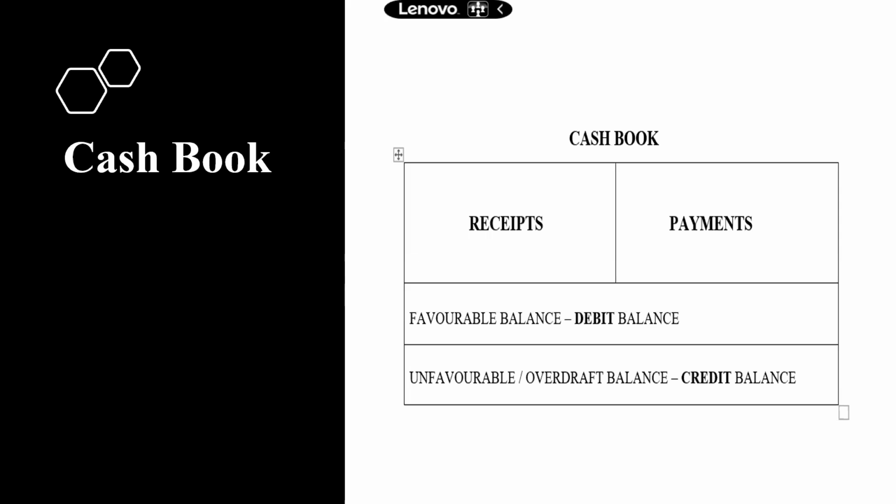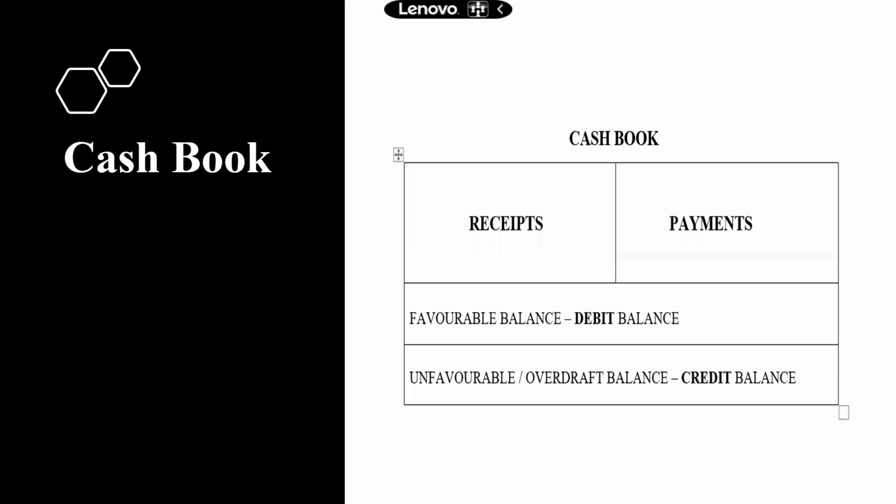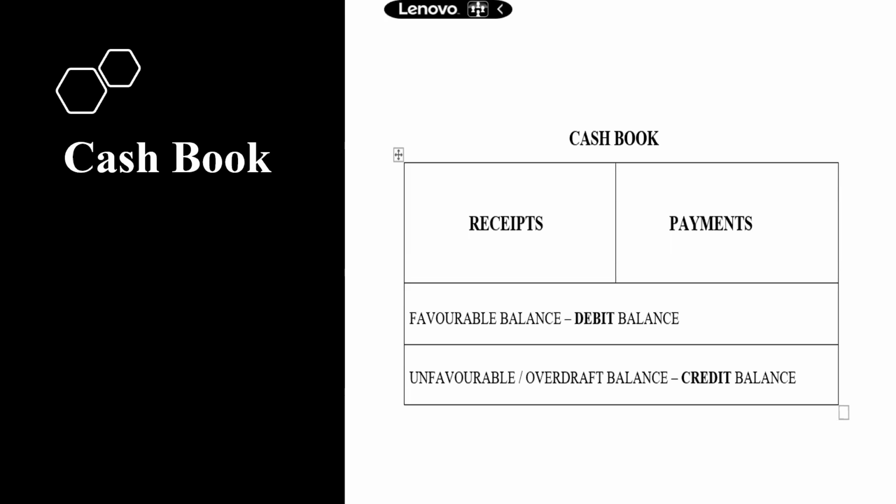Remember, normal balance is also called as a favorable balance. So normal balance or favorable balance of a cash book is always a debit balance. Overdraft balance is also called as an unfavorable balance. So unfavorable balance or overdraft balance is a credit balance.